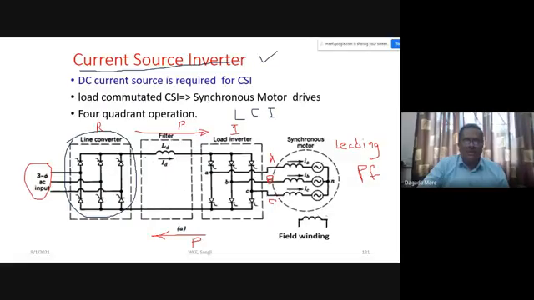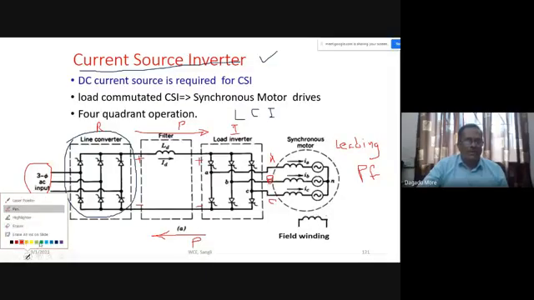Let us assume that for motor operation, this is the terminal voltage here, and correspondingly this will be the terminal voltage at the inverter side. Whenever we go for regenerative braking, the direction of current will remain the same. But here, the terminal voltage will now reverse.